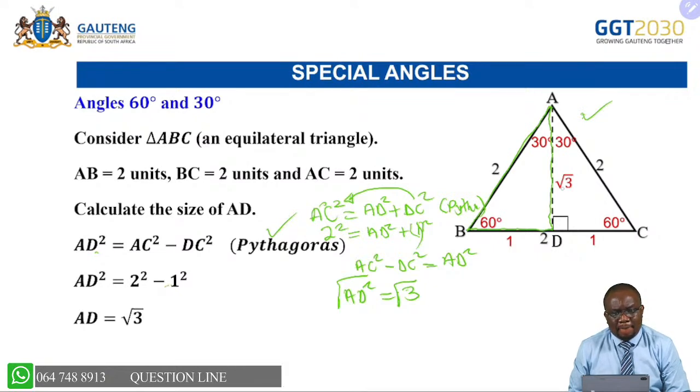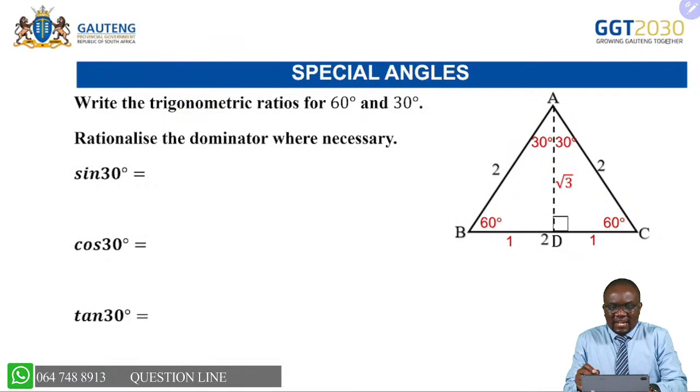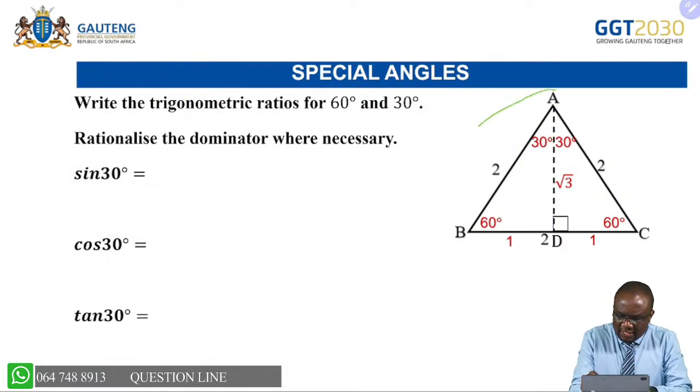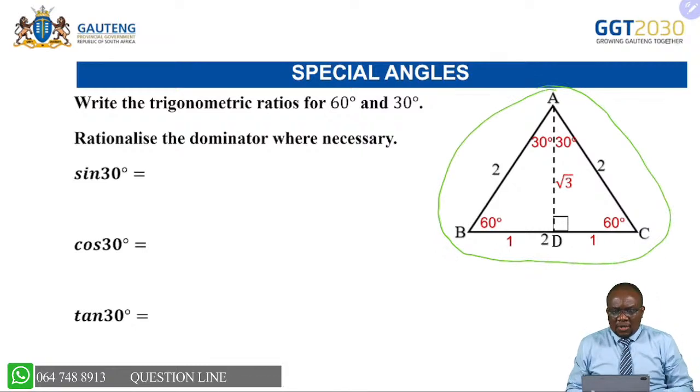Please, if you need time, just tell us. If you want to write notes, just short notes, because we won't have enough time to write everything. Now you must be having a diagram like this one. Make sure your diagram has BD is 1, DC is 1, AC is 2, AB is 2, AD is square root of 3.